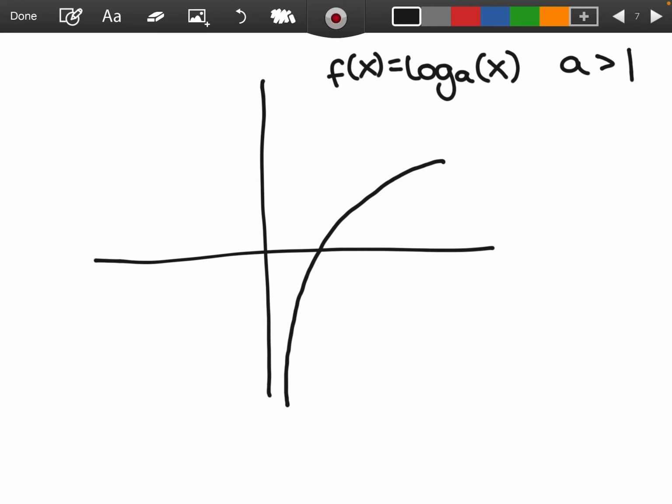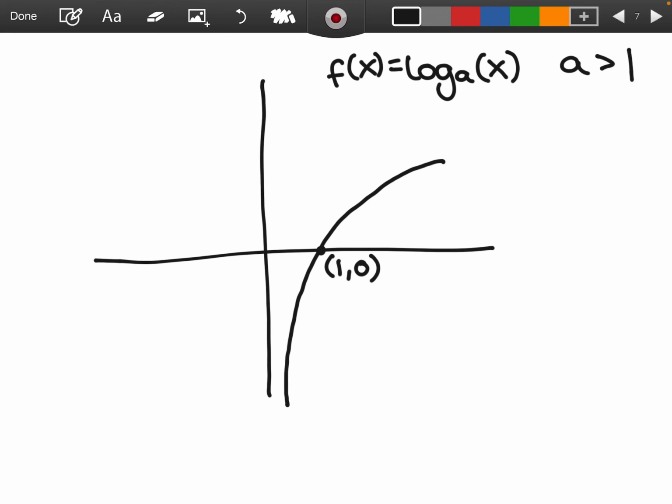Now I know the inverse of this is a to the x, where a is greater than 1. And I know that that graph goes through 0, 1. Now remember, the inverse of a function has to go through the point where I've switched the x and y coordinates around, telling me that this graph must go through 1, 0.